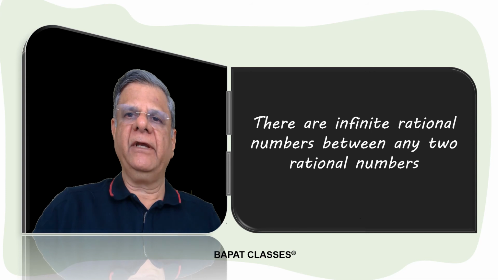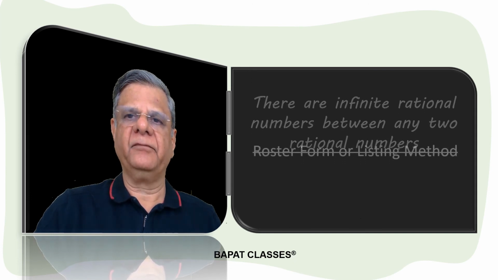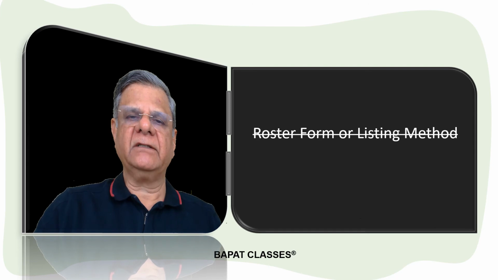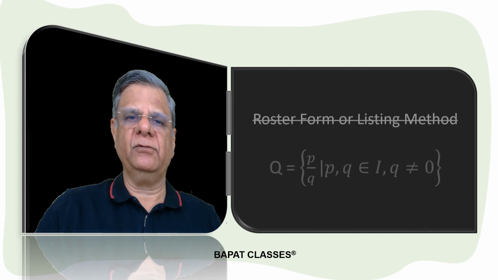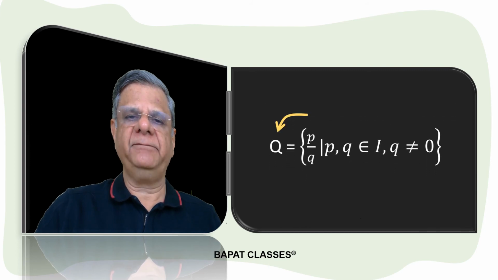Therefore, we cannot make the list of all rational numbers. So it is not possible to express the set of rational numbers in the roster form. We know that a rational number is a ratio of two integers. Let Q be the set of rational numbers. Then the set builder form of rational numbers is Q is equal to the set of all numbers in p upon q form such that p and q are integers and q not equal to 0.